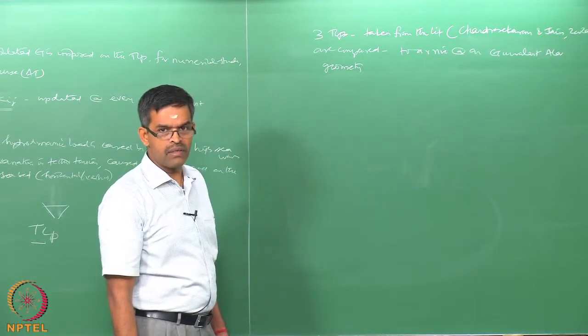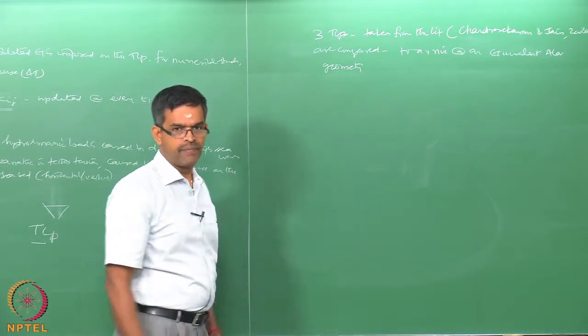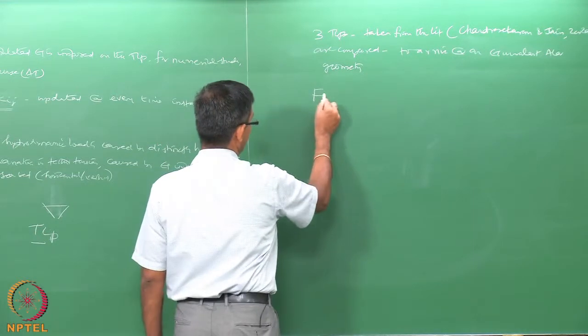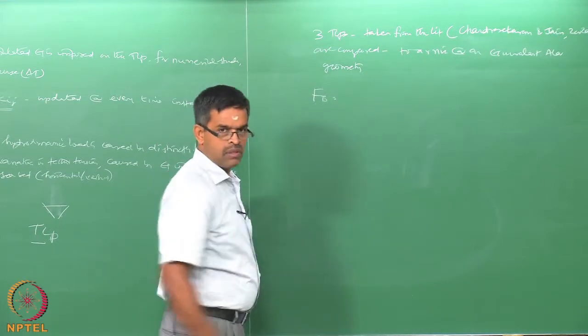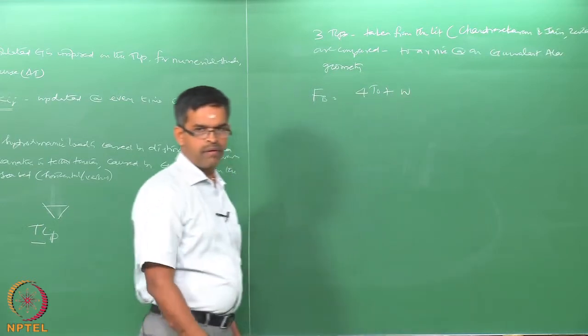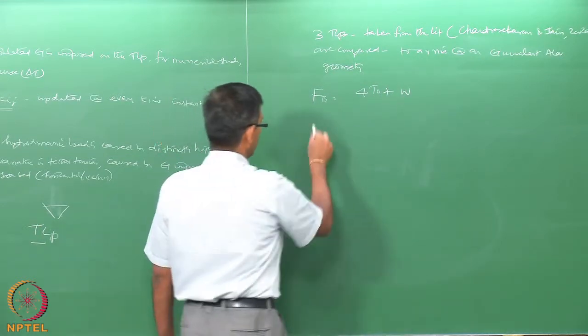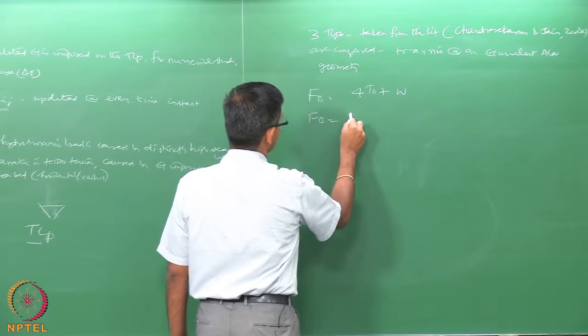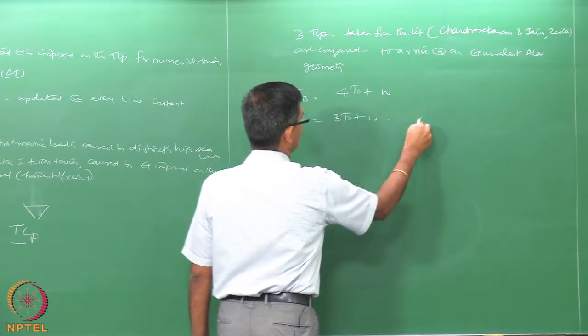Okay. To arrive at that, there are 2 conditions to be maintained. One is, let us say the buoyancy force is essentially given by 4 T naught plus W for square TLP, whereas this is equal to 3 T naught plus W for a triangular TLP.